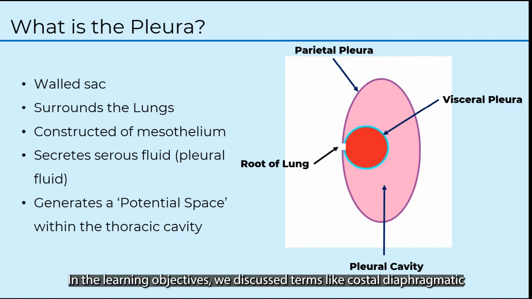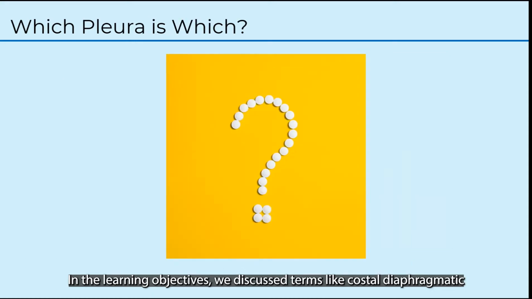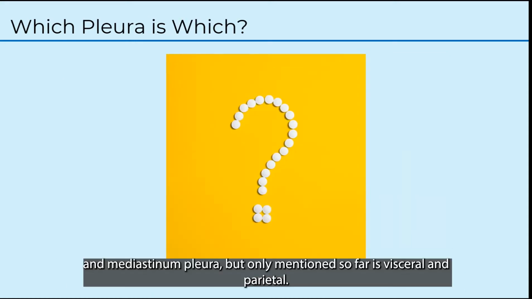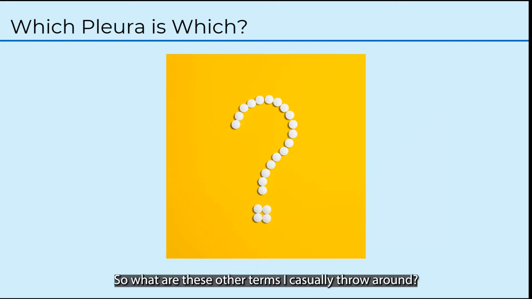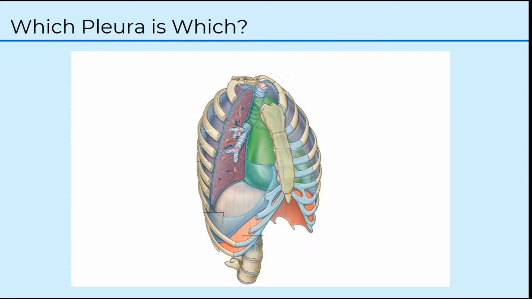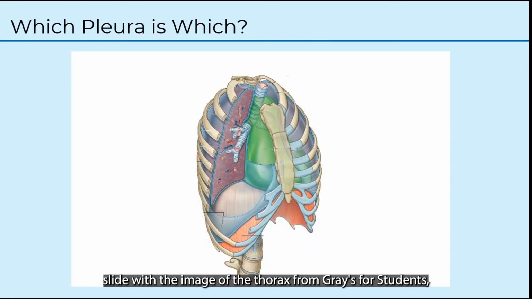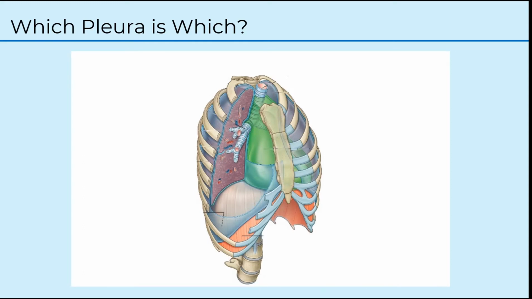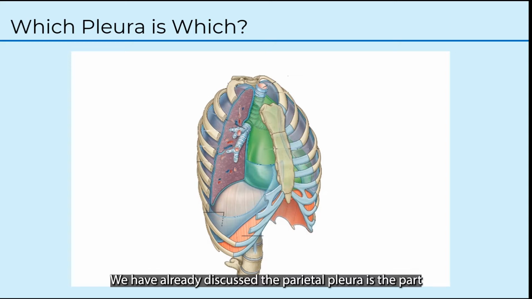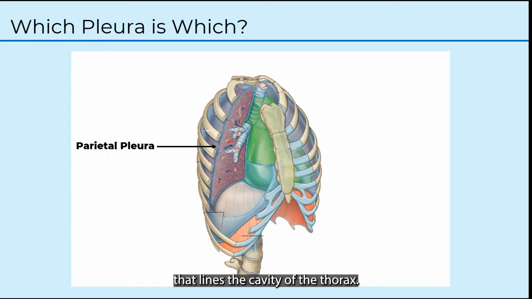In the learning objectives, we discussed terms like costal, diaphragmatic and mediastinal pleura. But all I've mentioned so far is visceral and parietal. So what are these other terms I casually throw around? If I move on to this slide with the image of the thorax from Grays for Students, we can see that the lungs are encased by the pleural cavity. We have already discussed the parietal pleura is the pleura that lines the cavity of the thorax.